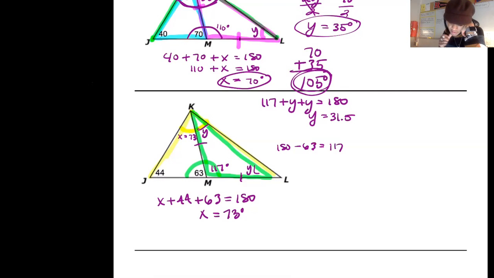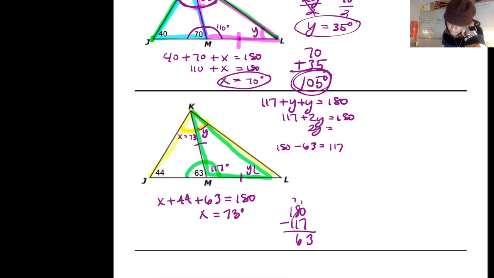Is that right? Let me do this one by hand because I just want to make sure I'm telling y'all the right thing. 117 plus 2y equals 180. 2y equals what? Where did I get that from? It's 180 minus 117. 180 minus 117 is 63.